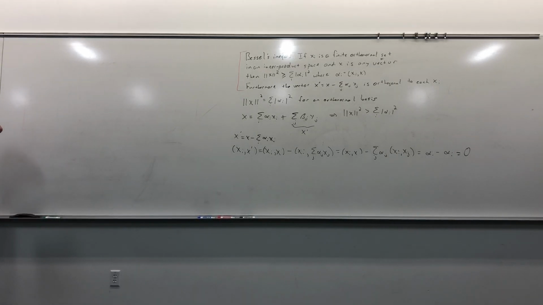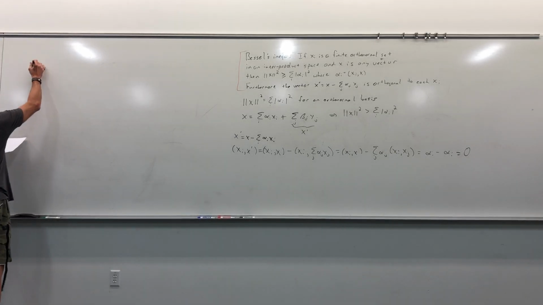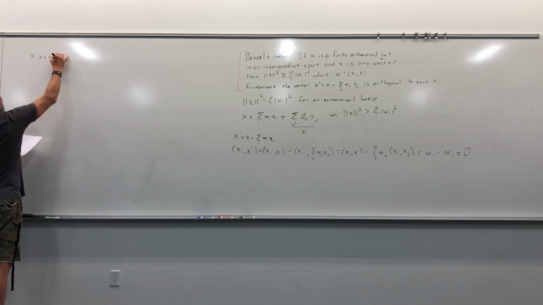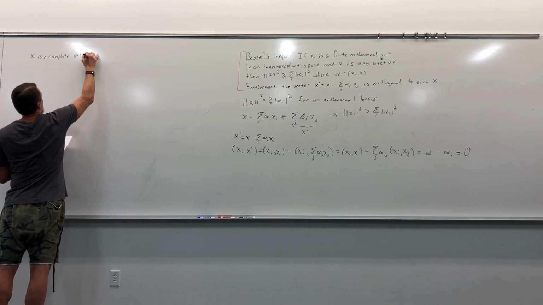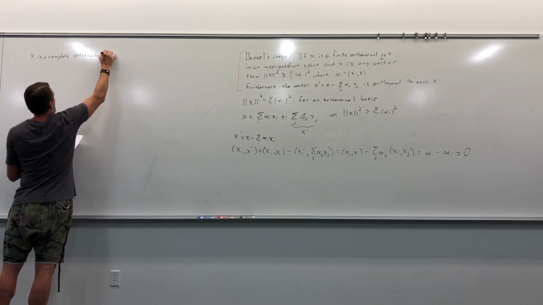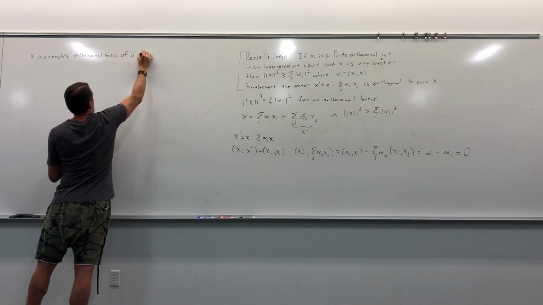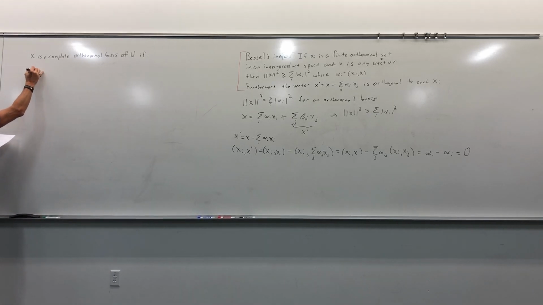So how can we tell if our orthonormal set X is a complete basis of V? So X is a complete orthonormal basis of a vector space V if any of the following are true, and it can be any one of them.